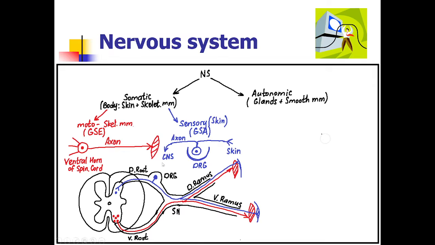And so now I can see that my spinal nerve splits into rami. On this specific diagram, I just marked two of them, which are respectively the ventral primary ramus and the dorsal primary ramus.